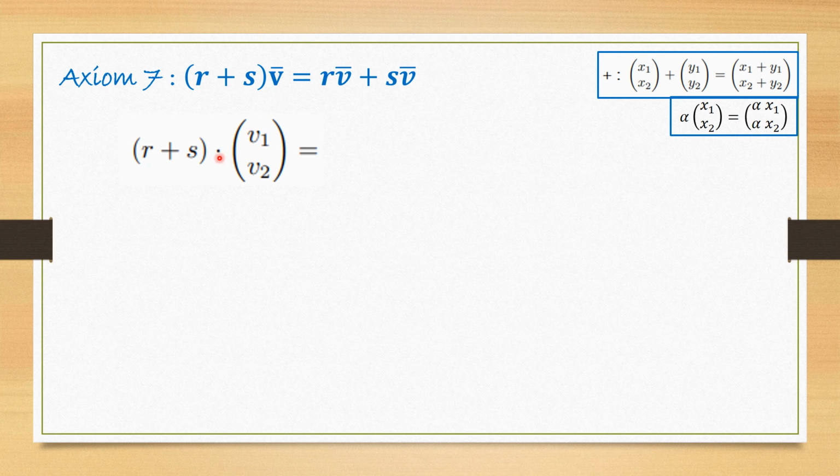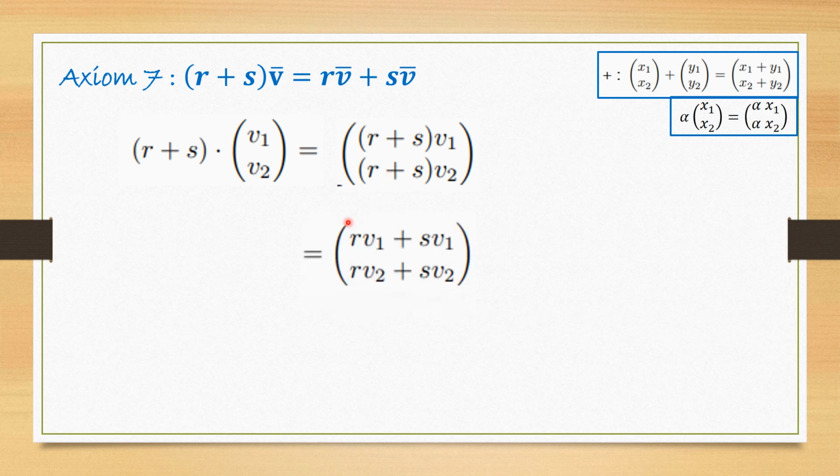Don't confuse this dot as a dot product. Now (r plus s) times v1 is the first entry in the column. (r plus s) times v2 is the second entry in the column vector. You can rearrange r v1 plus s v1, and r v2 plus s v2. We will end up with r times (v1, v2) plus s times (v1, v2).